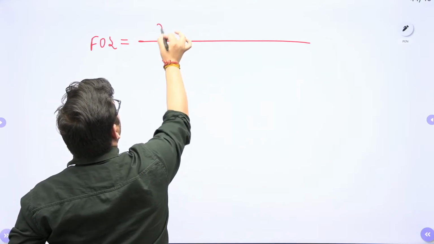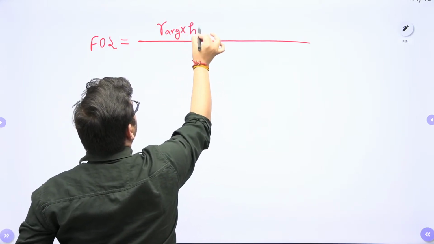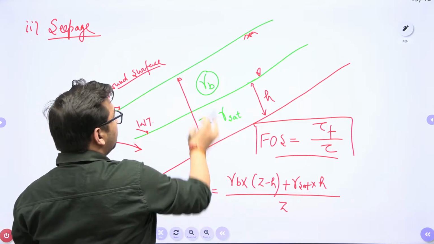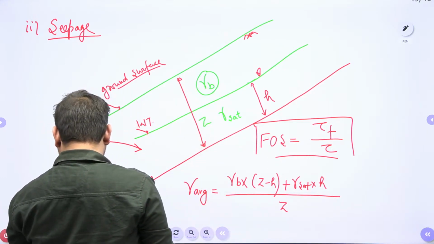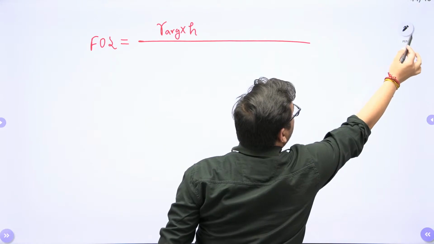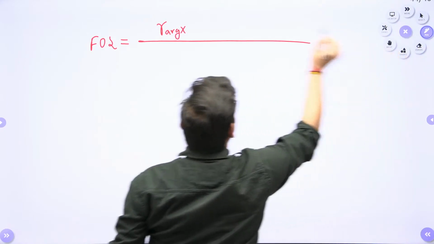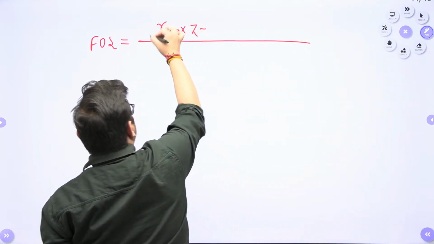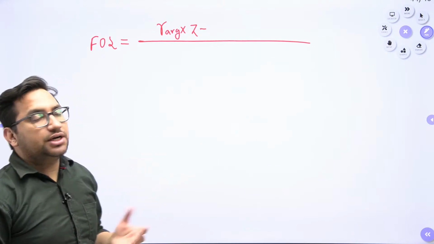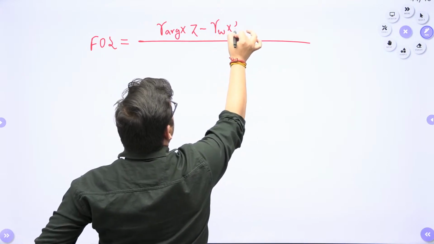So it will be gamma average into z. As I have calculated this gamma average taking the soil below the water table to be saturated, I can just subtract gamma w into h from here.